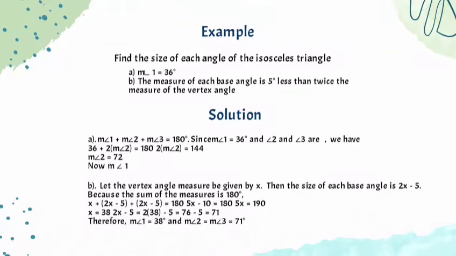Since the measure of angle 1 equals 36 degrees and angles 2 and 3 are congruent, we have 36 plus 2 times the measure of angle 2 equals 180 degrees. Then 2 times the measure of angle 2 equals 144 degrees, and the measure of angle 2 equals 72 degrees. So the measure of angle 1 equals 36 degrees, and the measure of angle 2 equals the measure of angle 3, which equals 72 degrees.